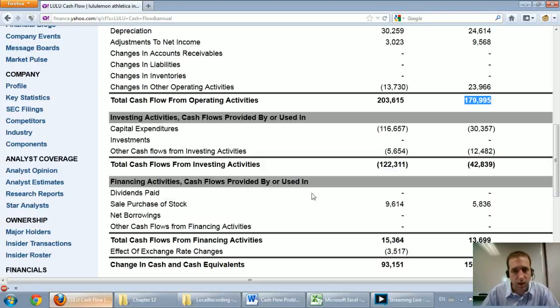The final section, the financing section, you can see that they sold or issued some stock. And I also note that they didn't pay any dividends. So as an investor, I'd be aware of that. I'd say, okay, well, they're not going to pay any dividends. They're focusing their cash flow on growth. The other thing I note is they spent over $100 million in investing activities and growing their company and expanding.